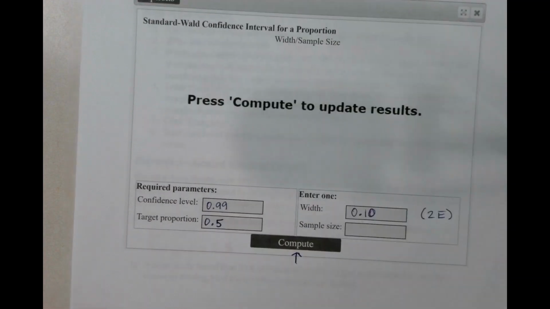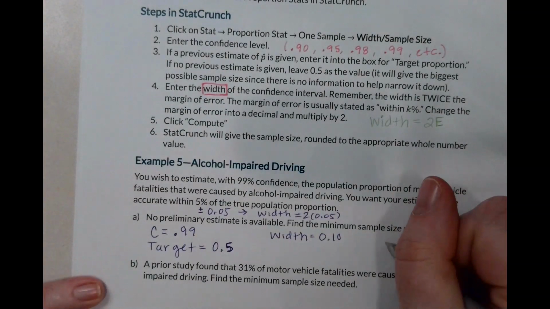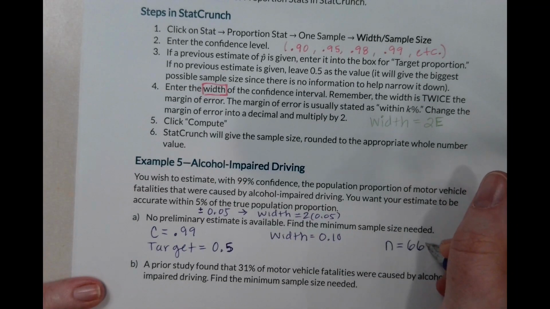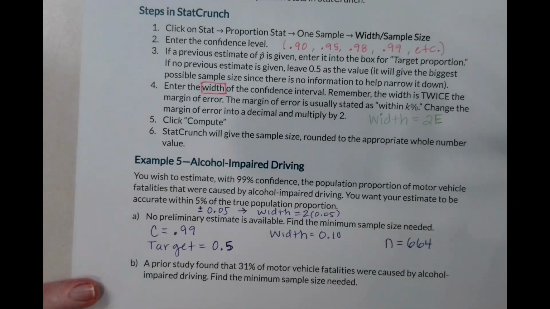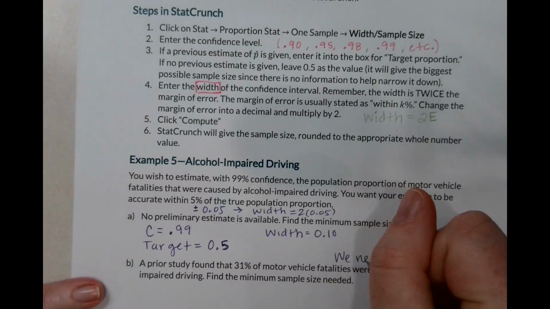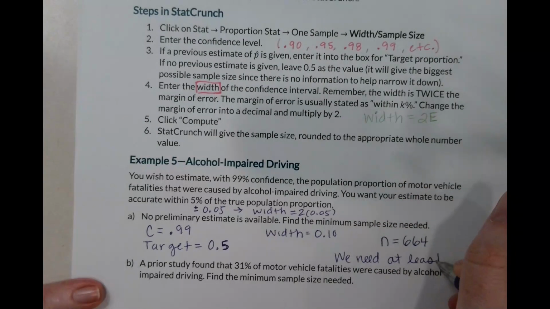So I'm going to say that N is 664. So we need at least 664 in the sample.